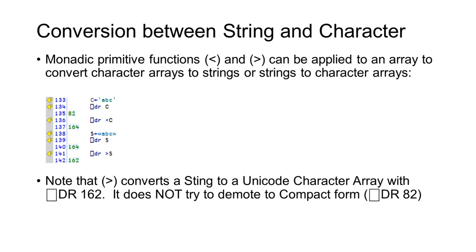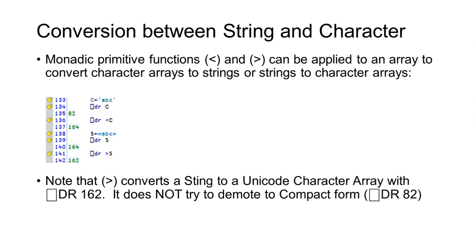Then on line 136, we apply the less than symbol in front of it. This is called an N string, and it converts the character array to a string. You can see the quad DR changes from 82 to 164.